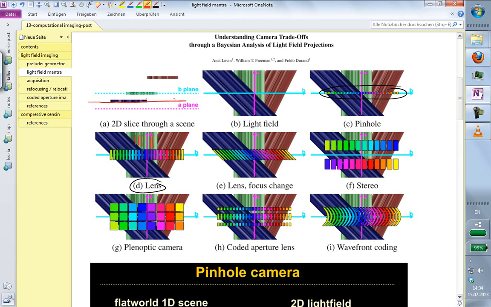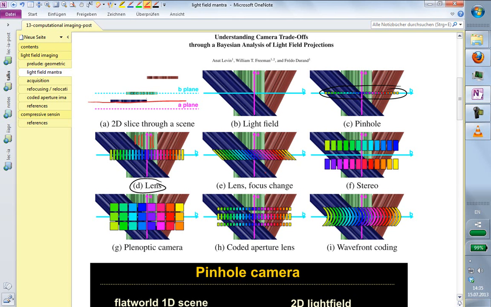The same argument goes through, but we now integrate over regions that are well aligned with the rays of the blue object. So the blue object will not be blurred at all. The green object will be blurred a little, and the red object will be blurred a lot, because I integrate over a region that's almost perpendicular to the rays of the light field.